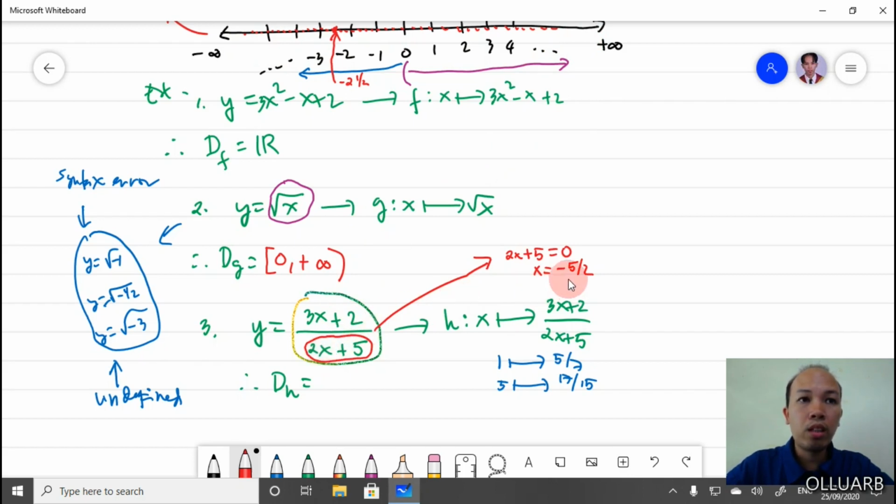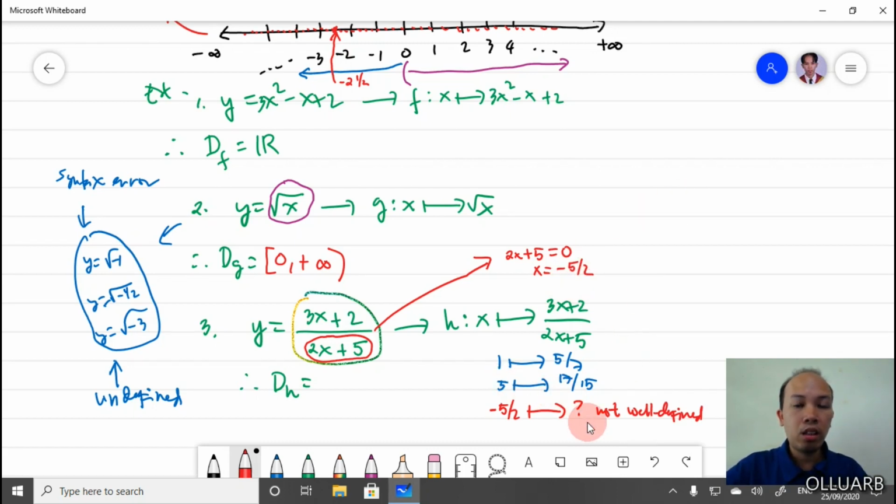However, only one does not have a mapping. Meaning to say, your negative 5 over 2 here is not well defined. You cannot find a y in the codomain that you can associate with negative 5 over 2.